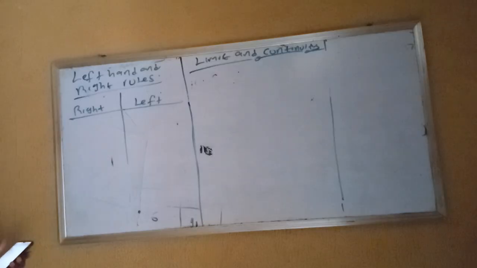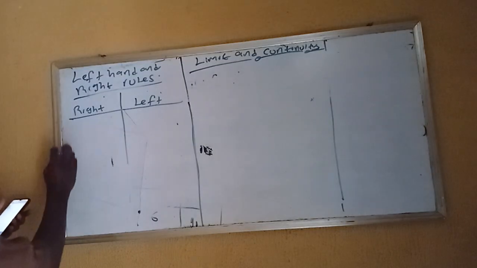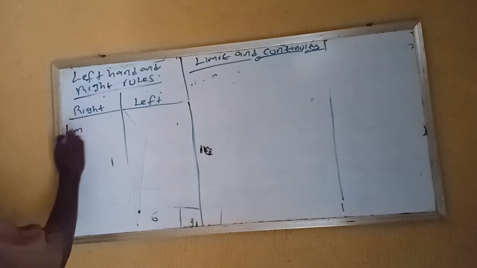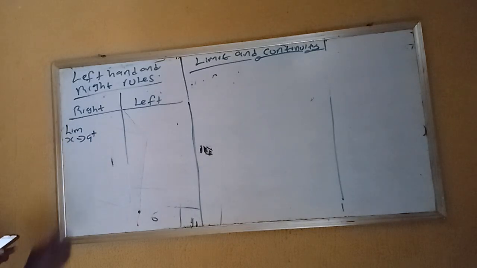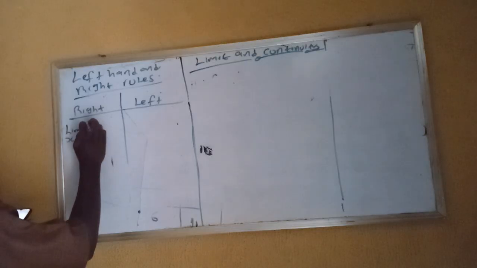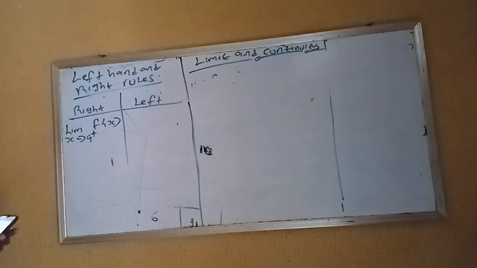For the right hand rule, the first step is the limit as x tends to a positive of f of x, the question.